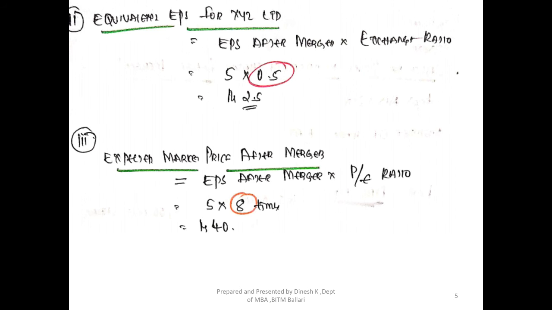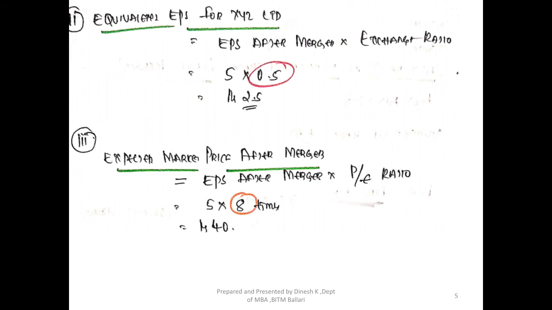Fine. So coming to the next, the third sub question, expected market price after merger, right? So we need to calculate expected market price by using a relative valuation method, right? Since P/E ratio is given, that hints to us that we need to use a relative valuation, that is by taking EPS into P/E ratio, right?